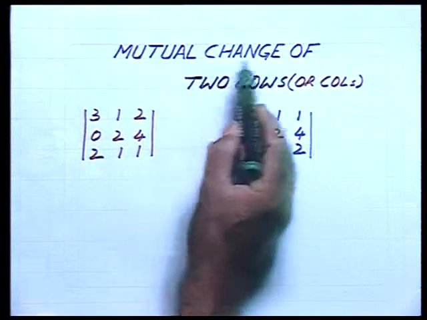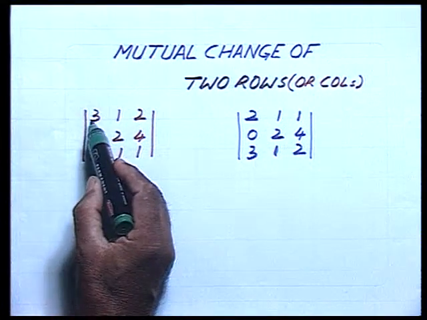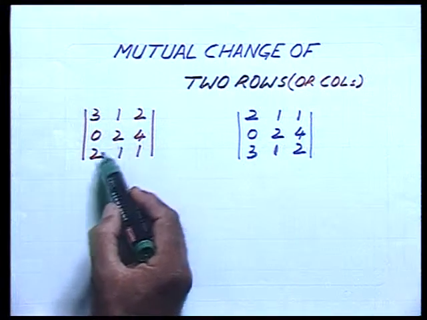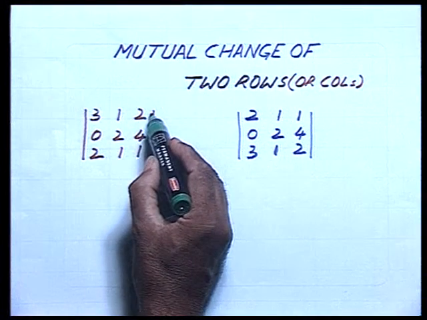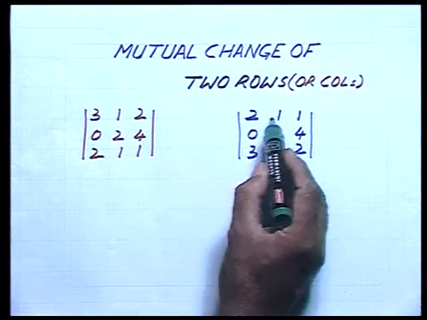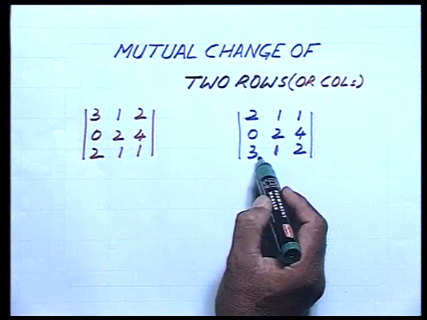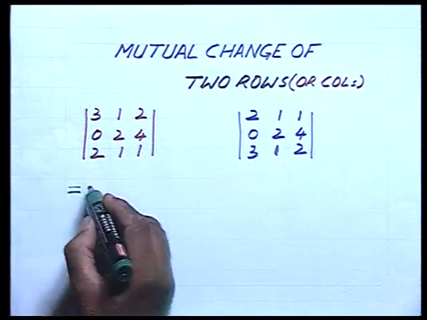Here we are taking mutual change of 2 rows or columns. Say this is the determinant 3 1 2 0 2 4 2 1 1. We have interchanged the first row and the third row to write this new determinant 2 1 1 0 2 4 3 1 2. Let us try the same thing out to find the value of this.